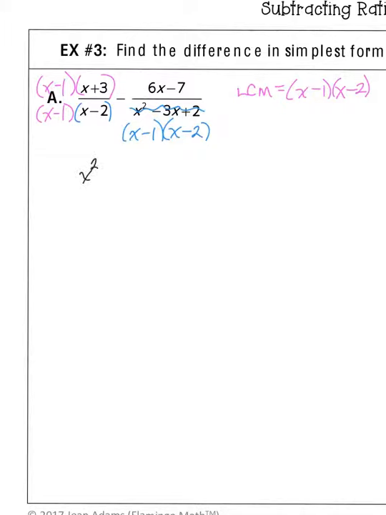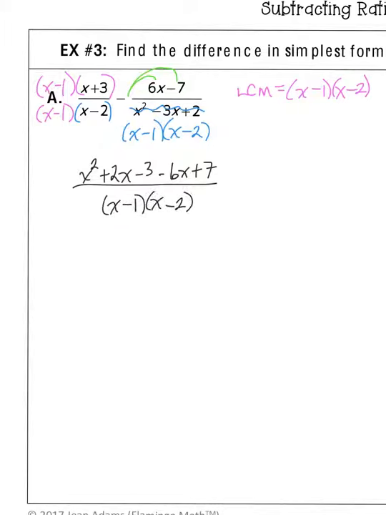A 3x and a negative 1x makes a positive 2x, and then a minus 3. And then I am going to distribute this negative all the way through. So this gets distributed here and here. And so I have a minus 6x, but a positive 7. And all of that is over my LCD of x minus 1, x minus 2.